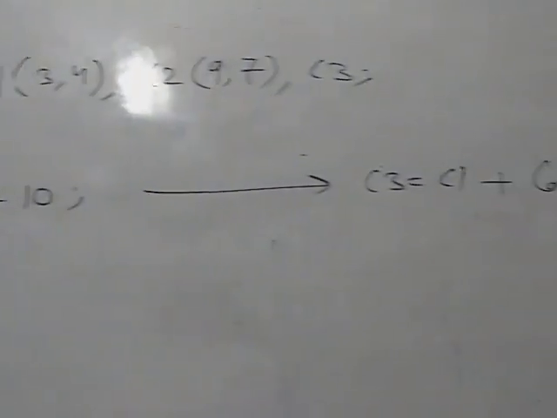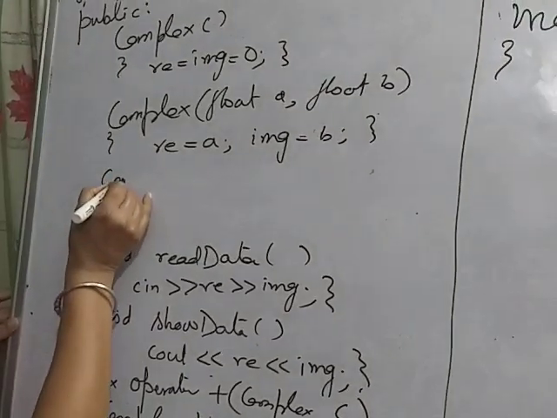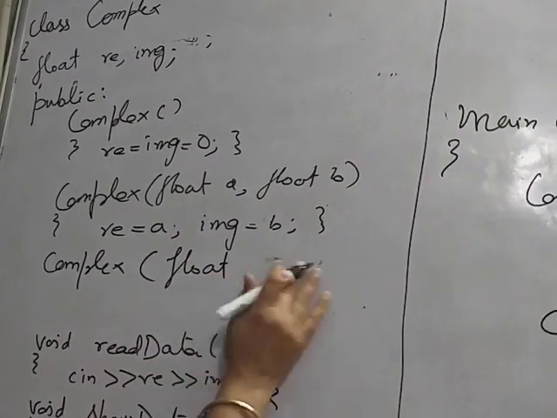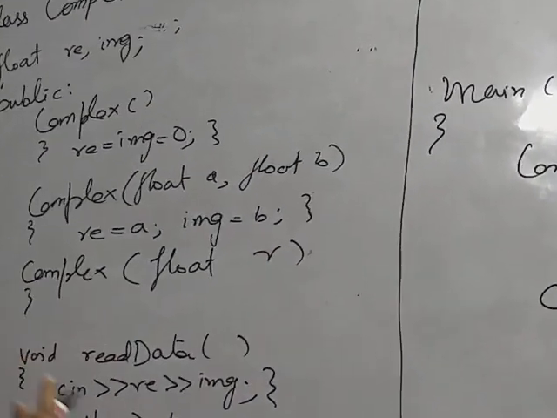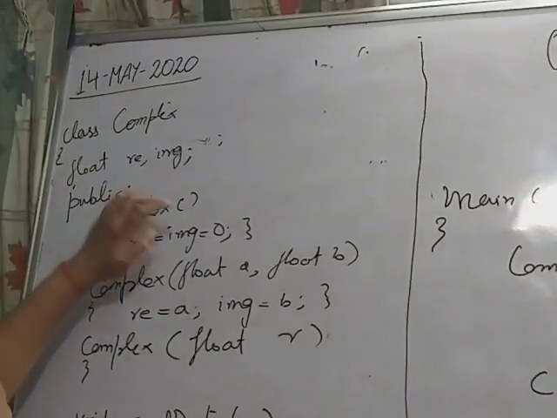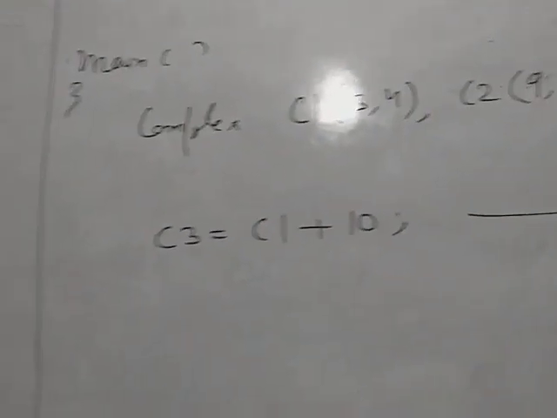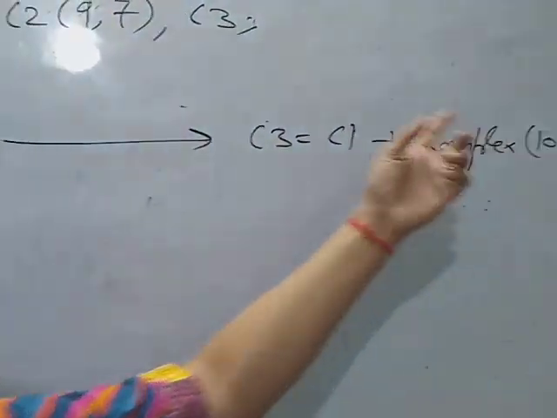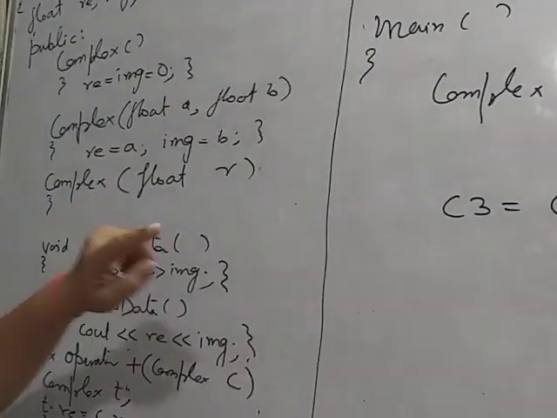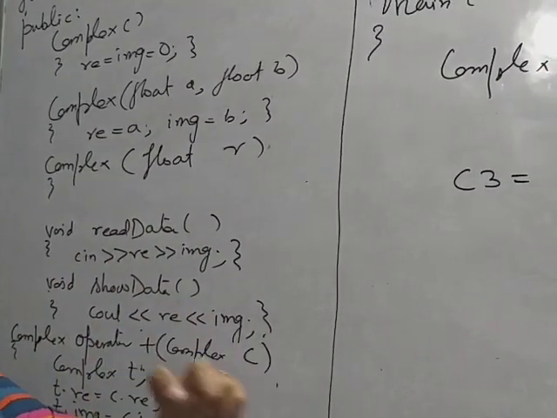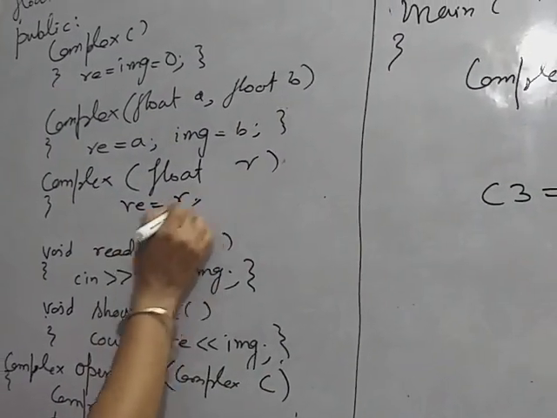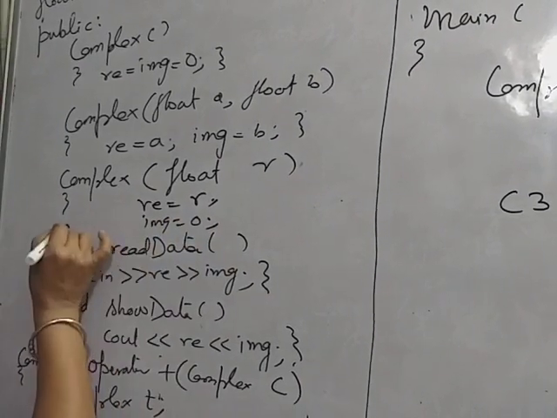For complex 10, one more constructor is required, complex with a float R. The real part of the nameless object complex 10 will be R, that is 10, and the imaginary part I am making 0.